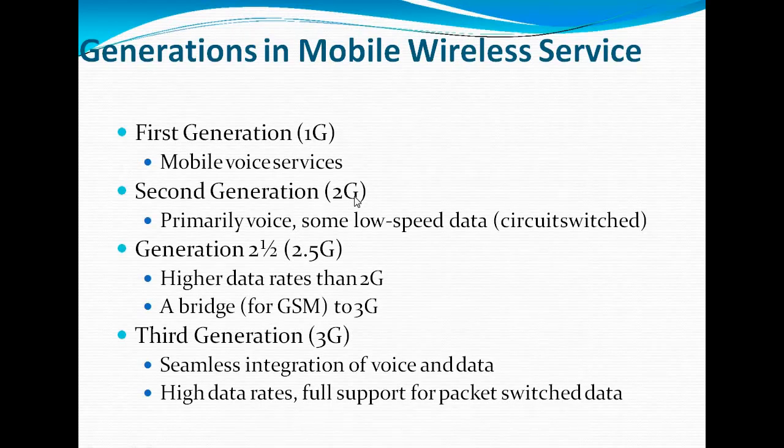So, what are the generations in mobile wireless services? The first generation, known as 1G, is related to mobile voice services. The second generation, that is 2G, includes primarily voice and some low speed data, which is connected with circuit switching. The 2.5 generation includes a higher data rate than 2G and is a bridge from GSM to 3G.